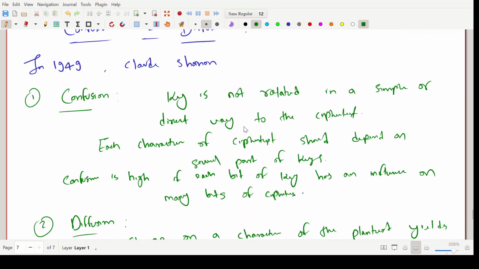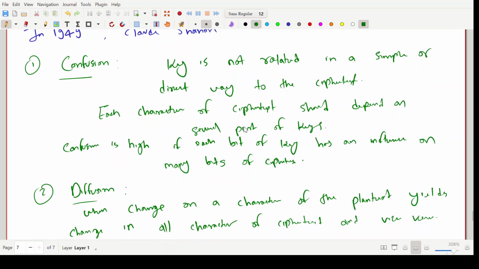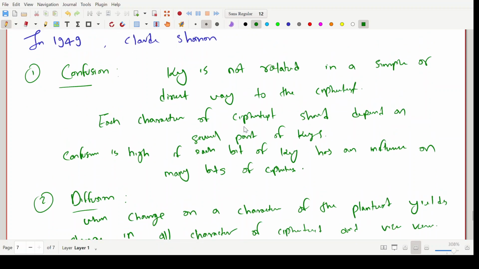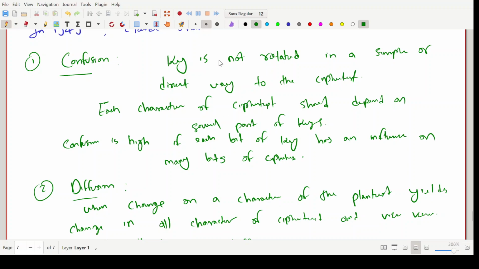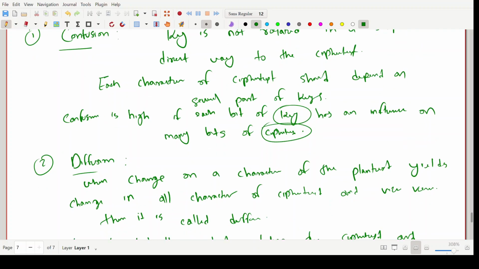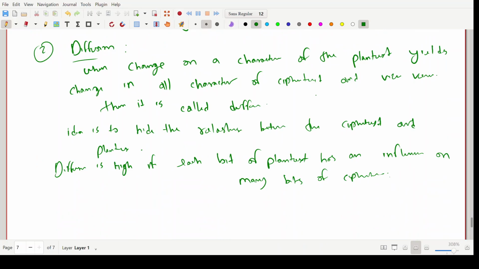Shannon says that if you want to have a good crypto system, you should have these properties, confusion and diffusion. In confusion, the key is not related in a simple or direct way to the ciphertext, so the relationship is between key and ciphertext, whereas in the case of diffusion it is plain text and ciphertext.